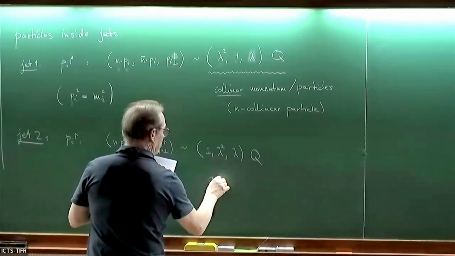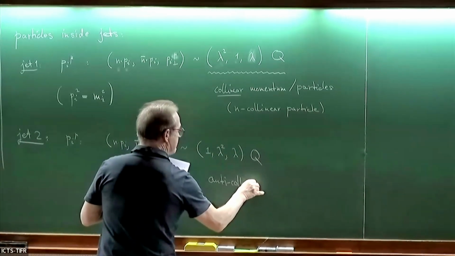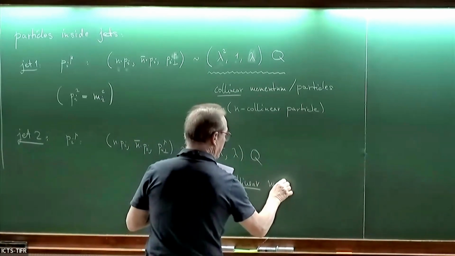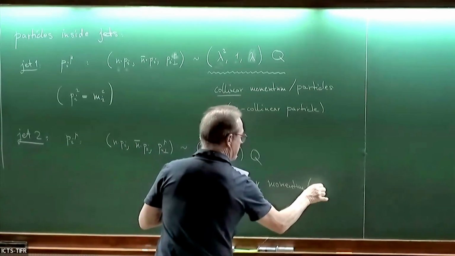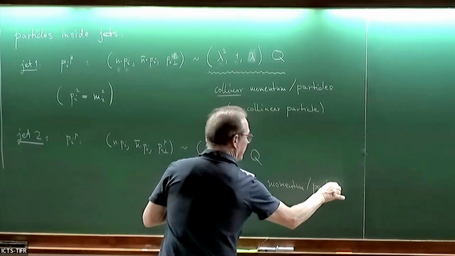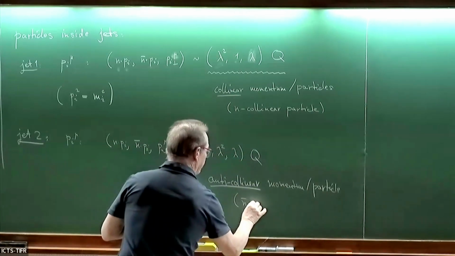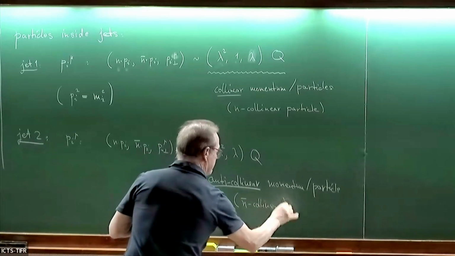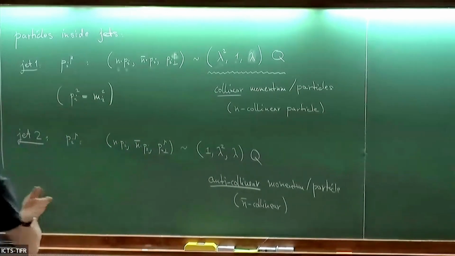This would be called an anti-collinear particle or anti-collinear momentum. But instead of anti-collinear, you can also say n-bar collinear. For the purposes of this lecture, we will use collinear and anti-collinear.